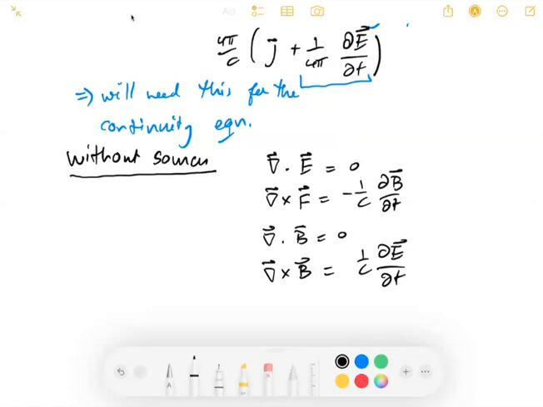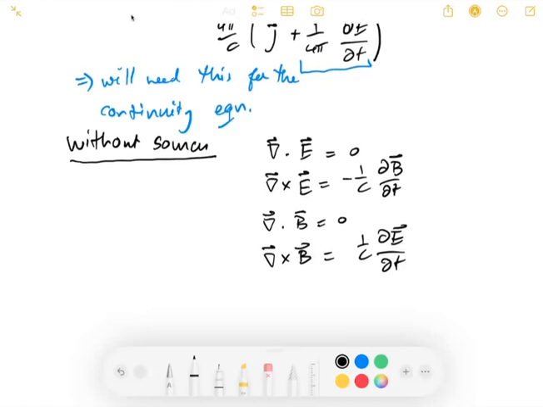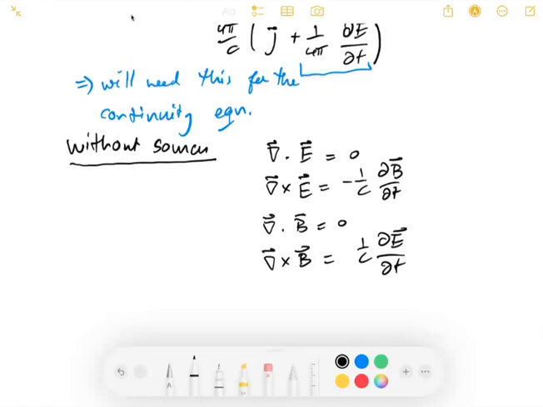That's your E. Okay, so it looks very symmetric, which is why people looked at this for a long time. They said, why should we treat magnetism differently than electricity? Because once we set the source to 0, the equations are very much the same. So we'll touch on those things many times.